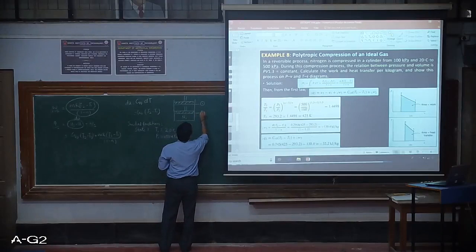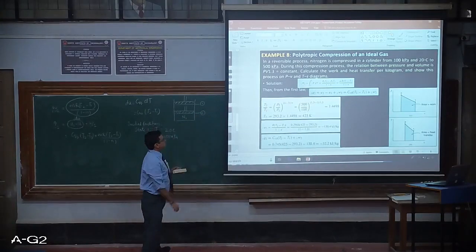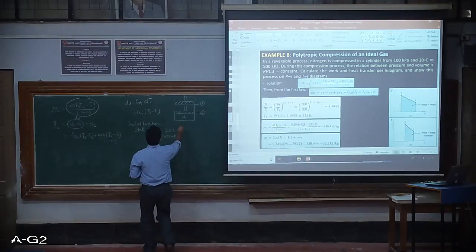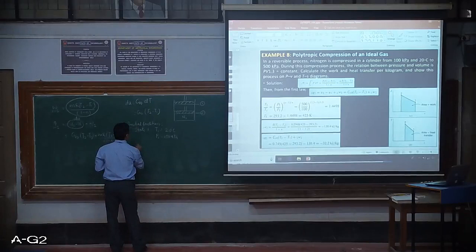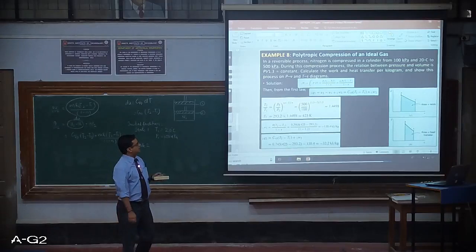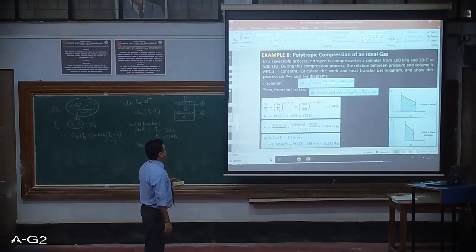This is my state 2, where the pressure increases to 500 kilopascal. Once you compress the gas, its pressure increases as well as its temperature, and we'll see that.